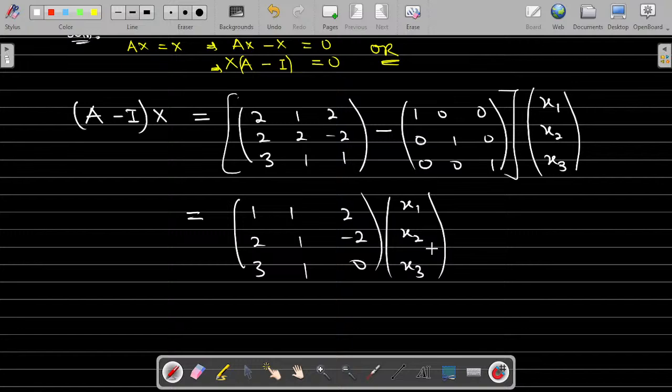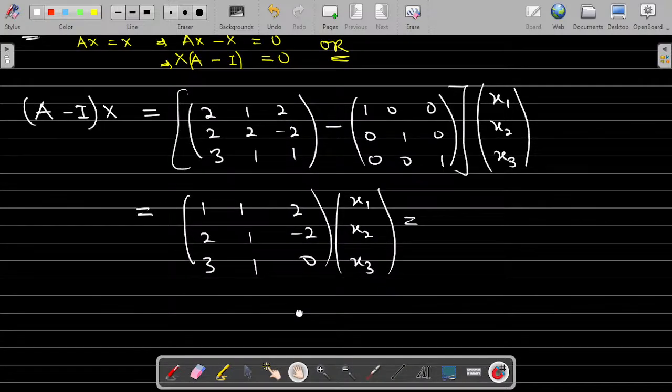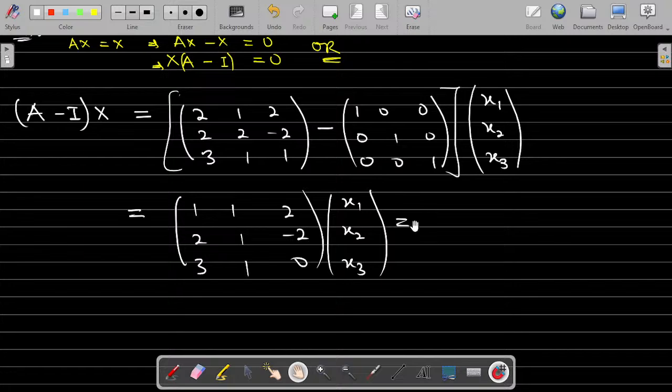Of course, if we open this multiplication, we are going to have x1 plus x2 plus 2x3, and then of course this will be equal to 0.